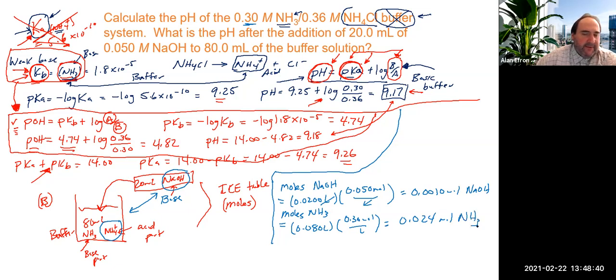Something that sometimes messes people up is that the volume of the other part of the buffer would also be 80 milliliters. Remember, we have 80 milliliters total of our buffer we're starting with, and that's the volume for both parts of it. So the moles of the NH4 plus would be 0.08 liters times the molarity of the NH4 plus, which is 0.36.